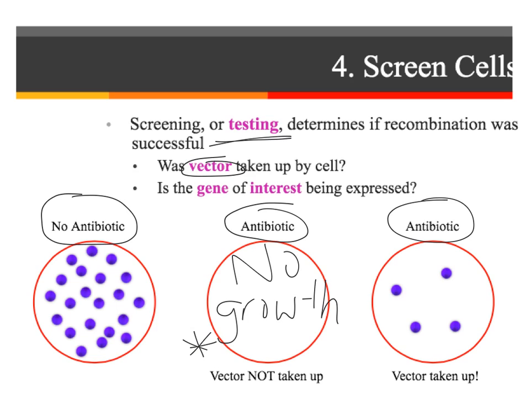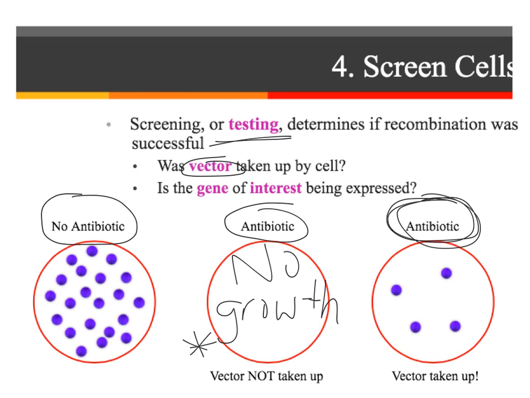Remember, the other thing that we added to our plasmid was a resistance to antibiotic gene. Resistance to antibiotic gene means that it is able to grow on an antibiotic. So if your bacteria didn't take up the plasmid, no growth here.